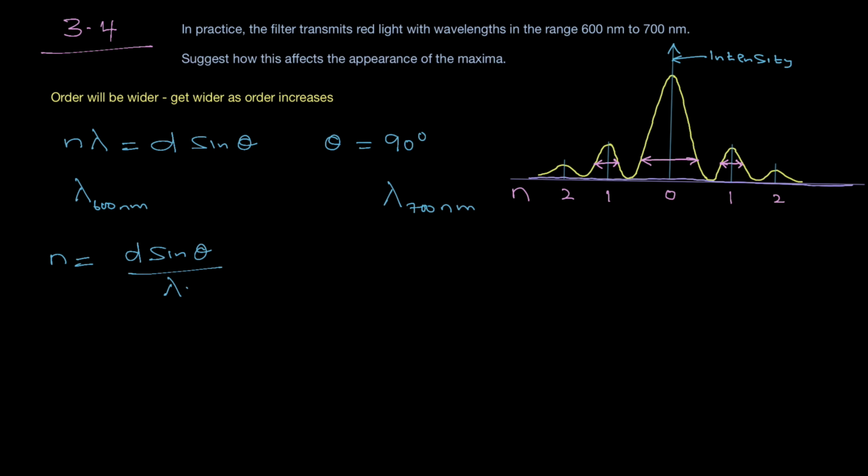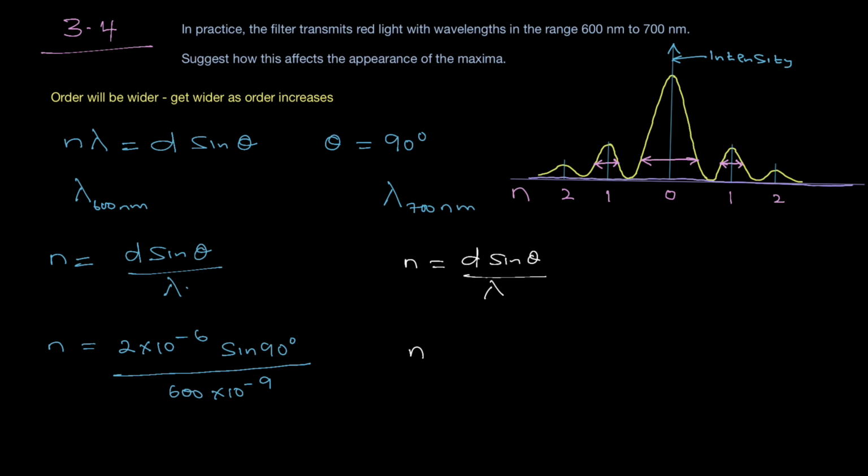So for 600, n equals, we know d because we already calculated that before, 2 times 10 to the power minus 6, sine 90 degrees, sine 90 is 1, divided by 600 times 10 to the power minus 9. And for 700 nanometers, n equals 2 times 10 to the power minus 6 sine 90 degrees over 700 times 10 to the power minus 9.